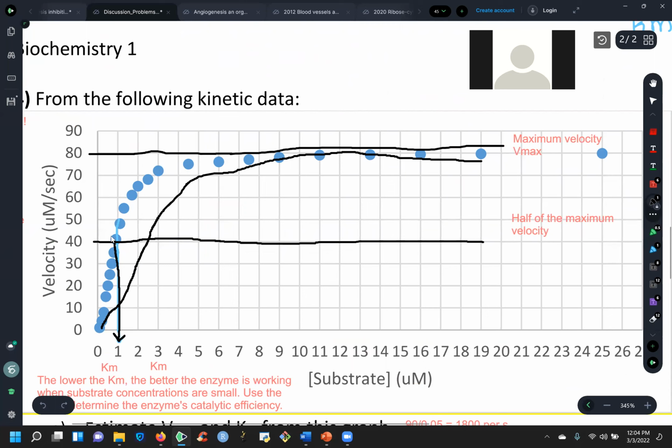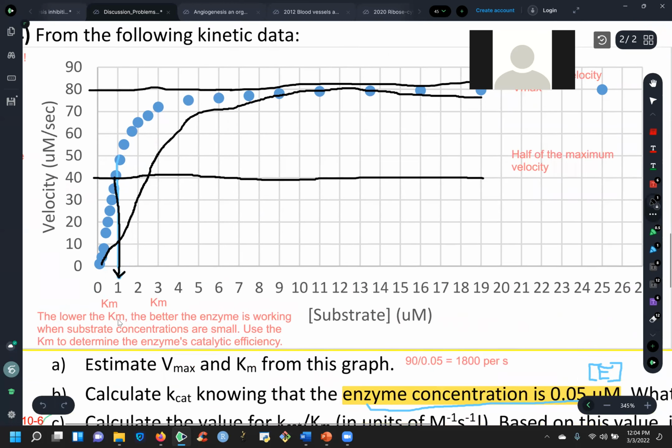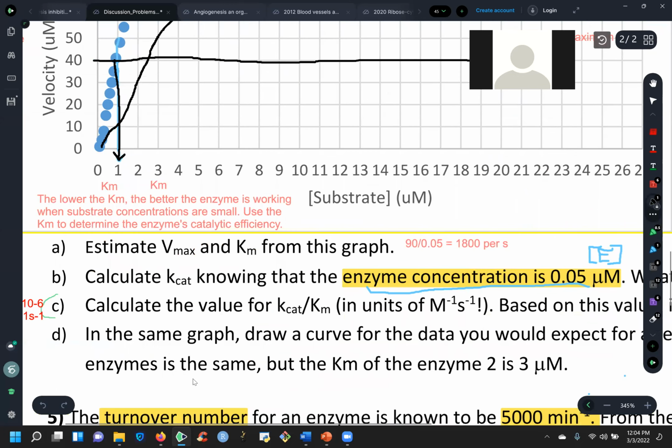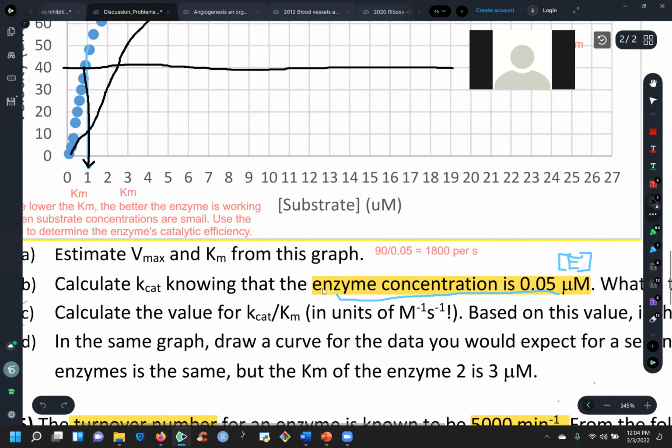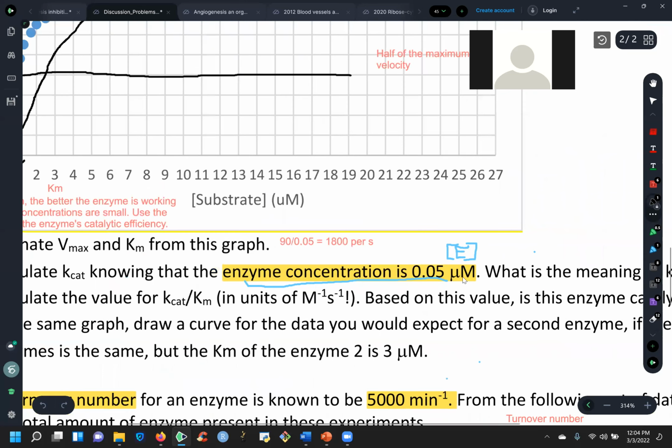Km, that was at half the maximum velocity all the way down. So our Km was 1 micromolar. Calculate the Kcat knowing that the enzyme concentration is 0.05. So here they're giving us the enzyme concentration, and they want us to figure out the Kcat.